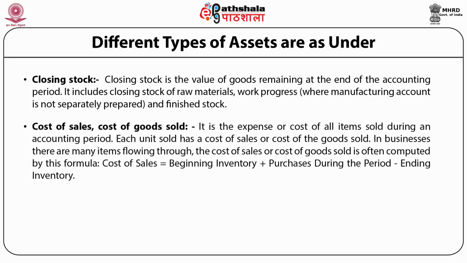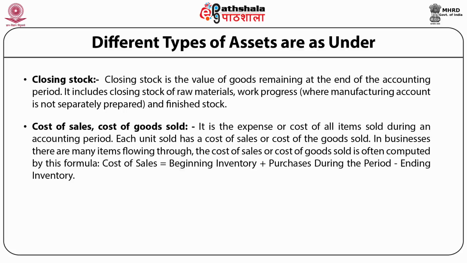Cost of sales, cost of goods sold. It is the expense or cost of all items sold during an accounting period. Each unit sold has a cost of sales or cost of the goods sold. In a business, there are many items flowing through.